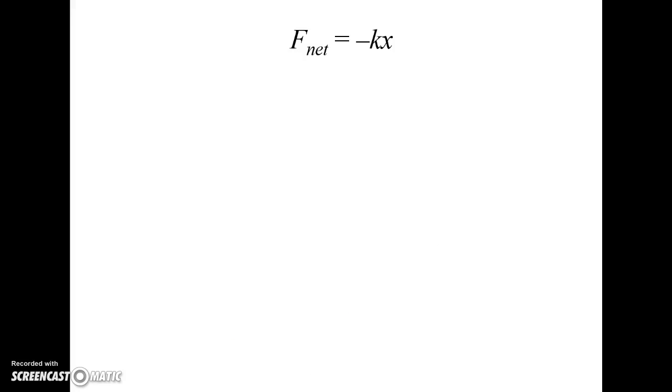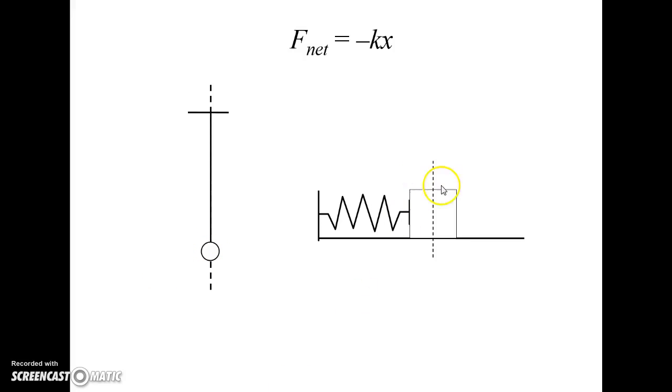Okay, now let's consider what's happening at the center, at the equilibrium position. Here's the equilibrium position, here it is for the mass spring system. We know that because the displacement is 0, the net force is 0. And whatever is true for the net restoring force is also true for the acceleration toward equilibrium. But what about the speed?